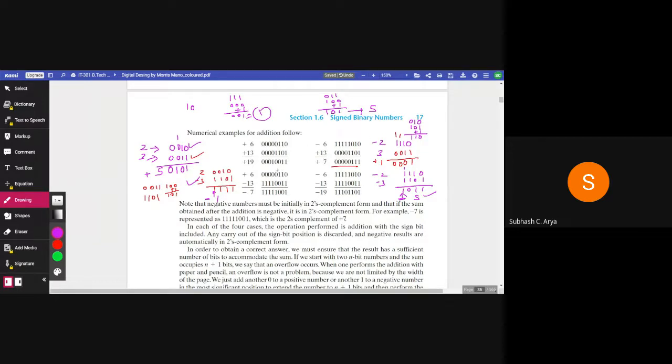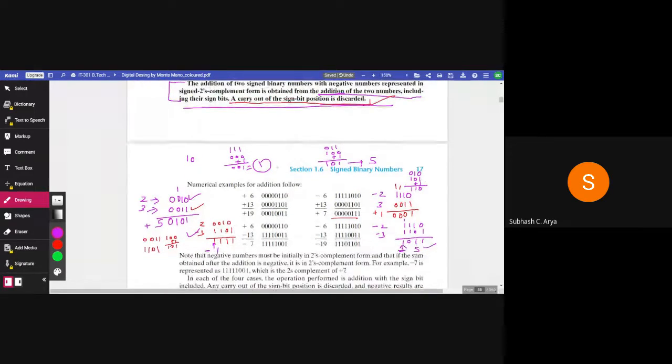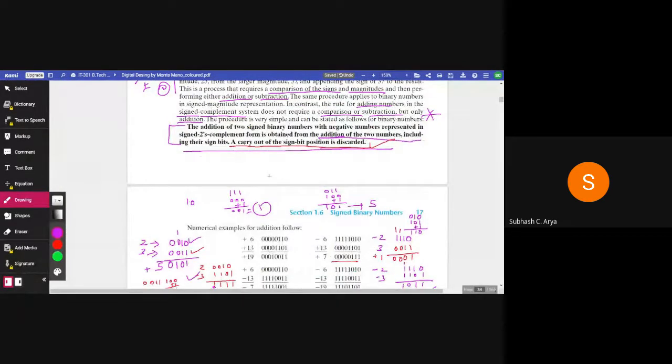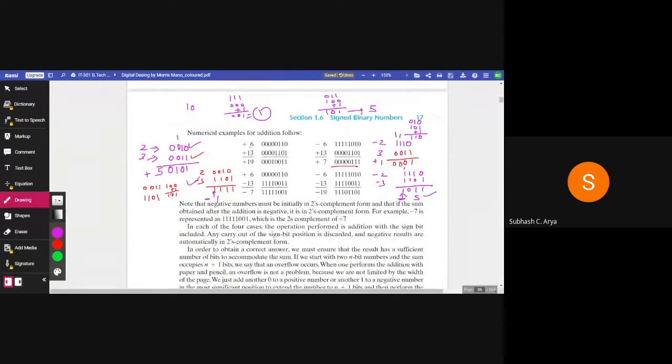So you got it? So what is the beauty of dealing with binary numbers in 2's complement form? We need not compare and then subtract. We only add, even when the signs are different. In ordinary mathematics, what do we do? We compare, and whichever number is less, we subtract it from the larger and then put the sign of the larger number.